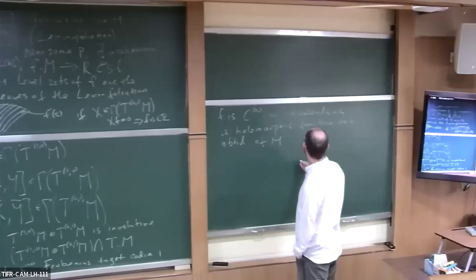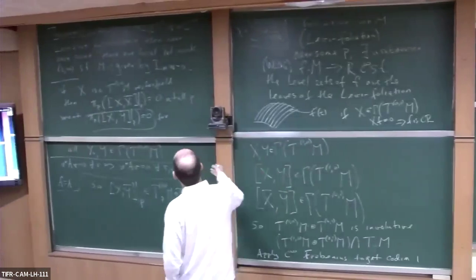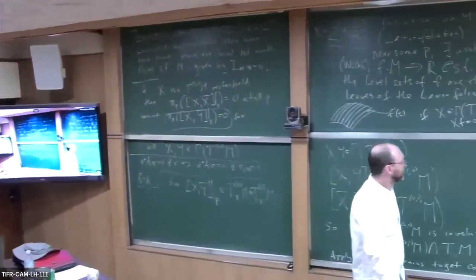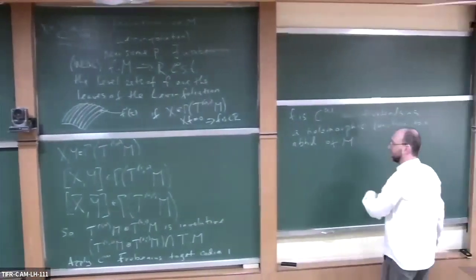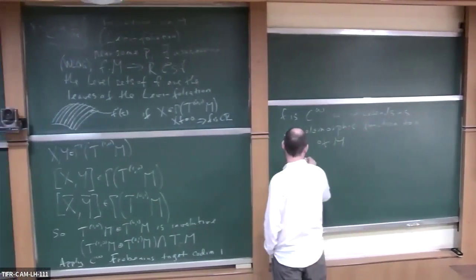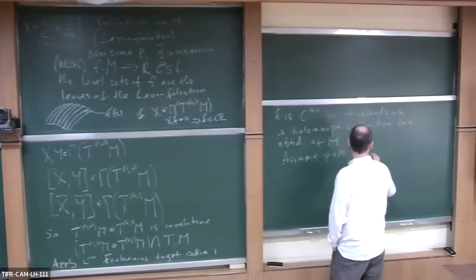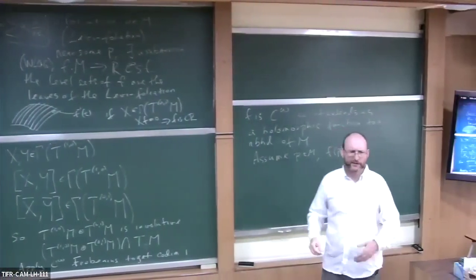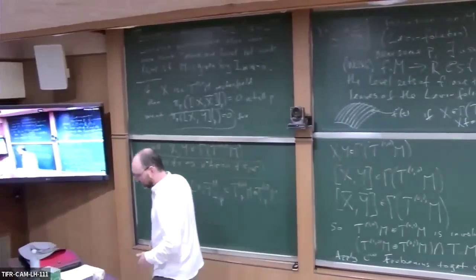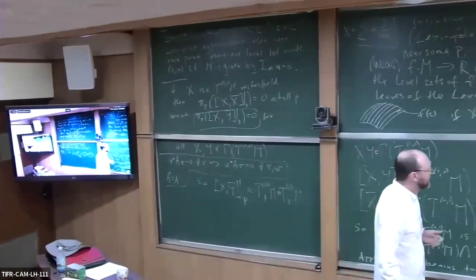Now, suppose that I want, near some point, to get these coordinates, right? So assume p is in M and F of p is 0. I'm going to get coordinates that vanish at p, right?